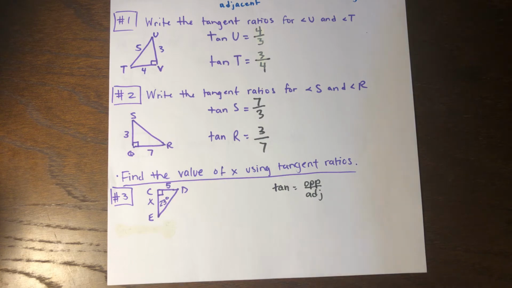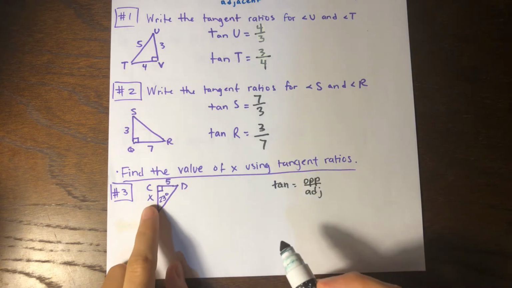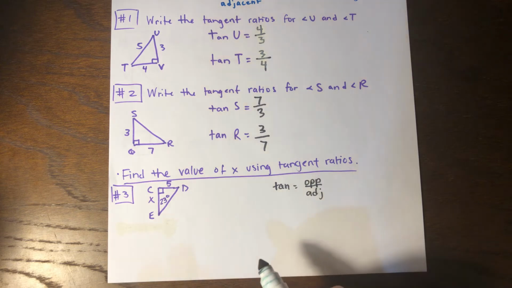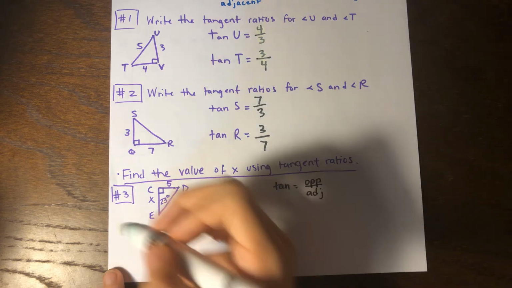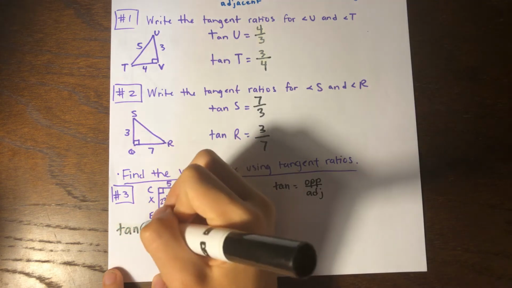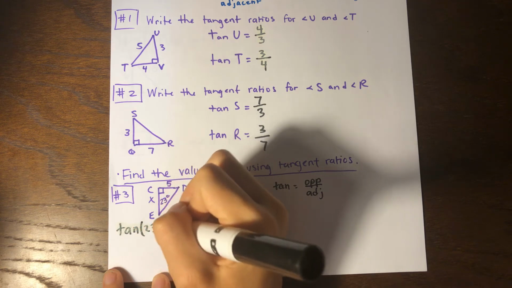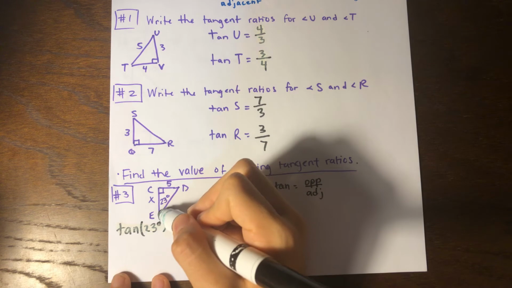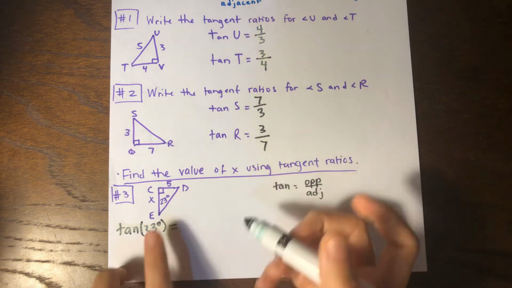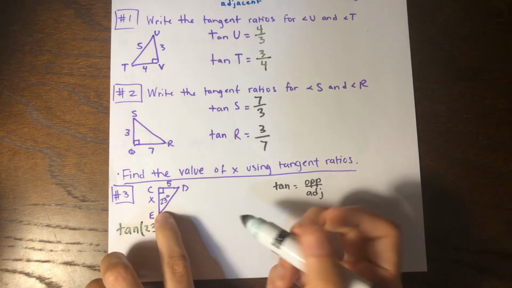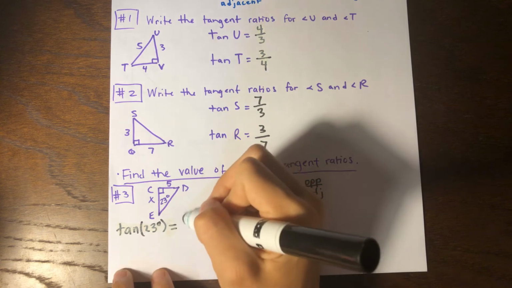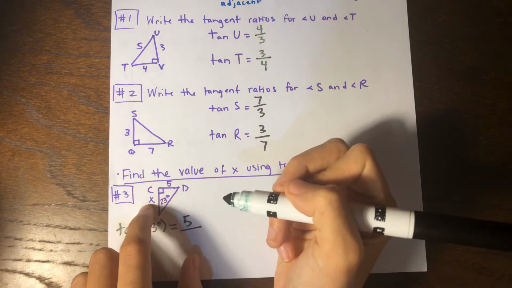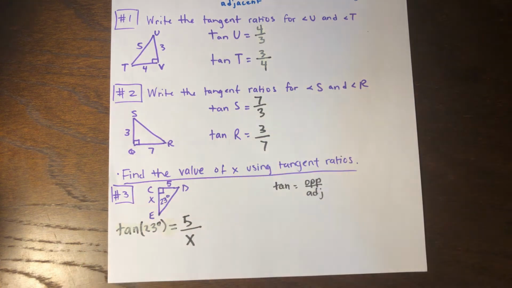Solving for x, we know that we're given the angle, which is 23 degrees. So tan of 23 degrees is going to be equal to the opposite. Here's angle E, 23 degrees. Opposite is 5 over the adjacent, which would be x, but it's missing.